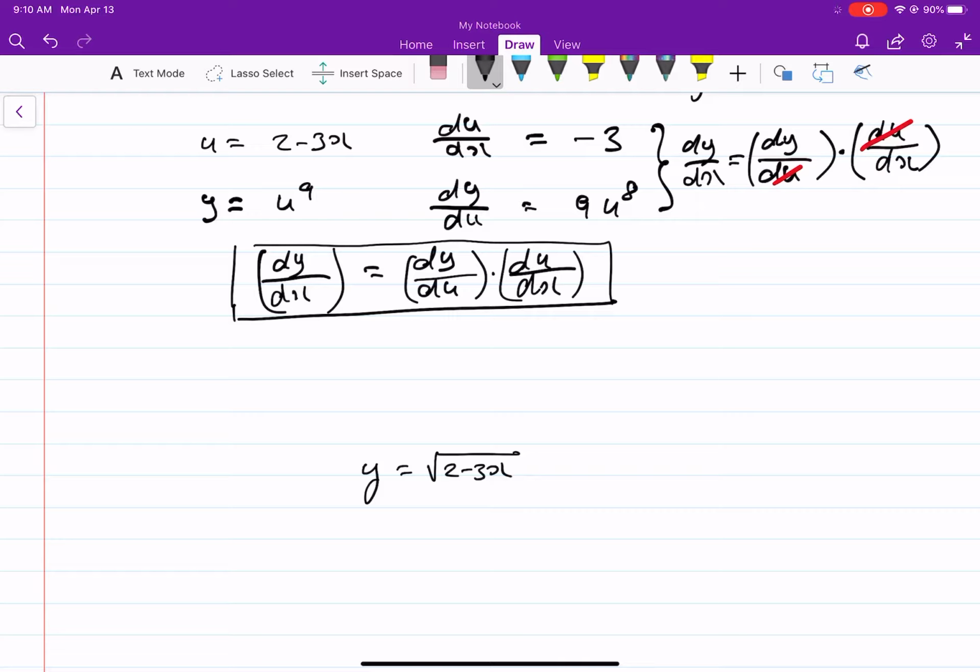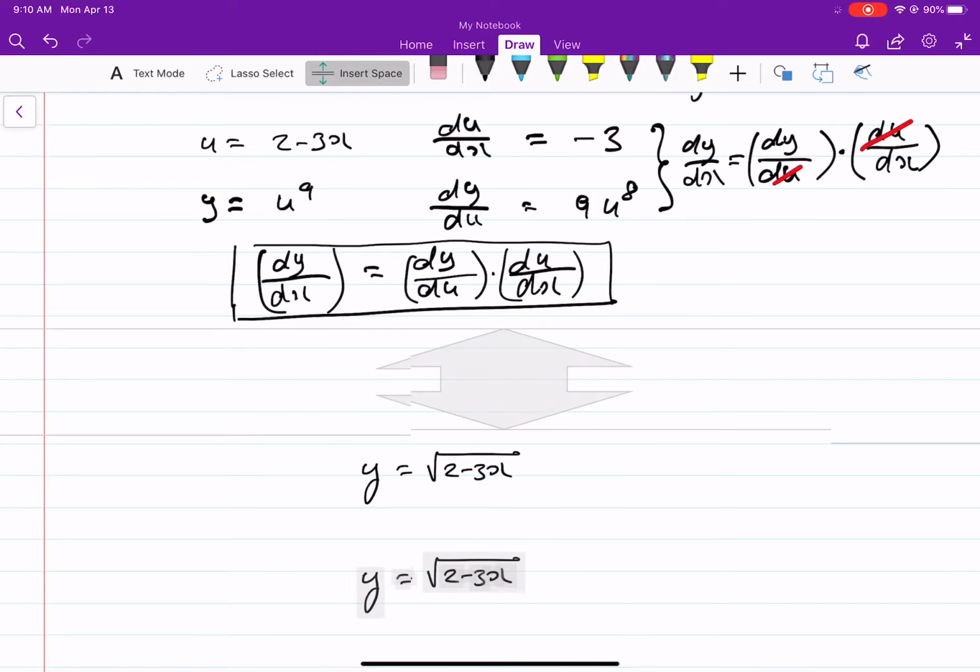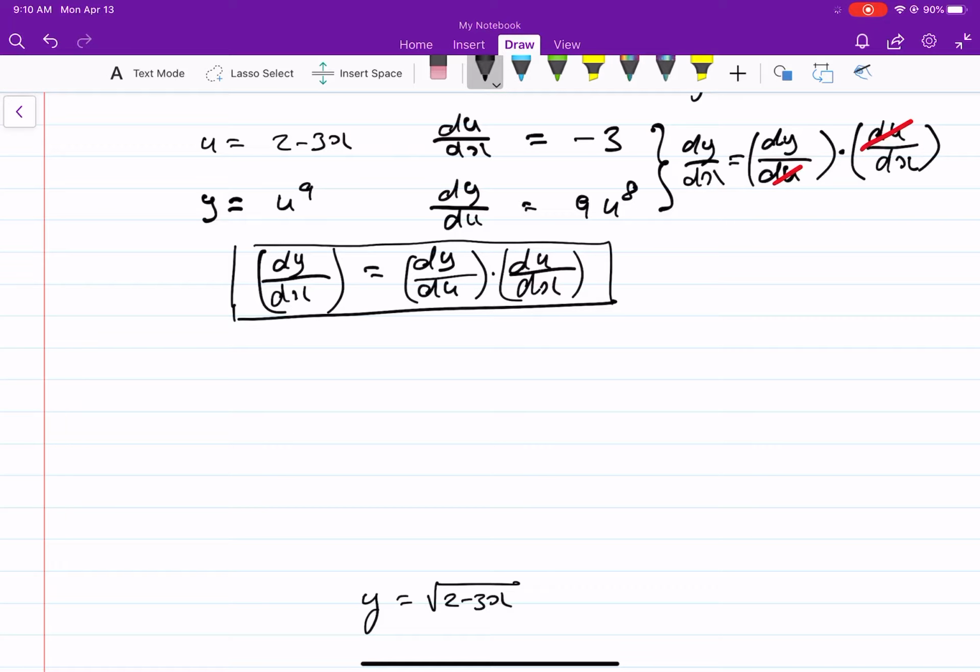So let's put them together and see if we can get dy dx. dy dx is equal to the expression for dy du, which is 9u to the power 8 times du dx, which is 3. Minus 3, sorry. Negative 3. The answer there will be minus 27 times u to the power 8.